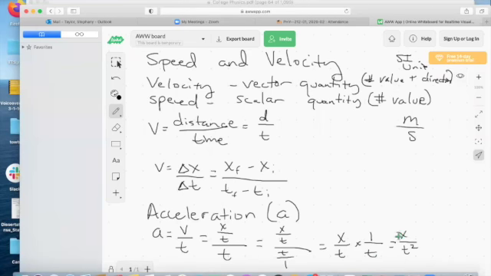The variable X is the change in position, which is in meters. So X is in meters, and our time is in seconds, so it's going to be seconds to the second power, so seconds squared.